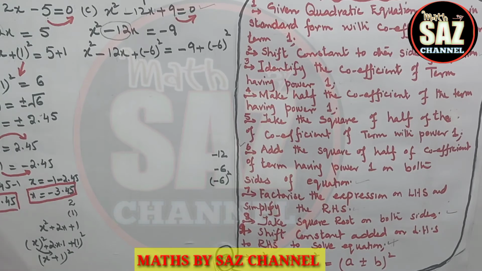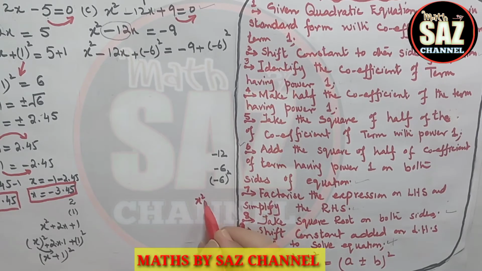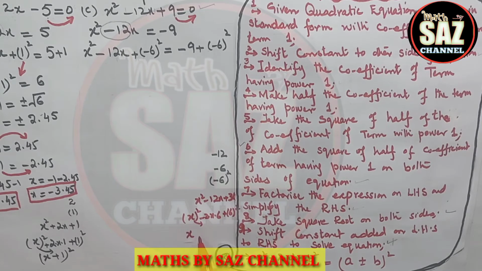Now if we look at x square minus 12x plus 36, we can see that it can be written in the form x whole square plus 6 square minus 2 into a into b, where a is x and b is 6. So it can be expressed in form of a minus b whole square, or x minus 6 whole square.